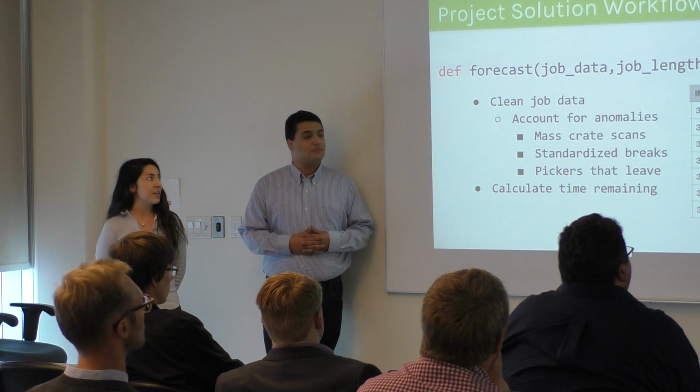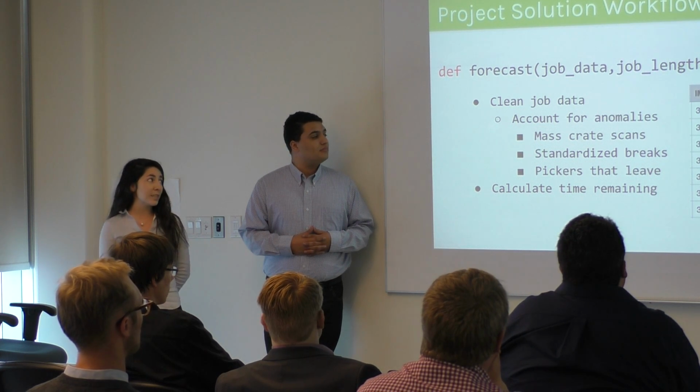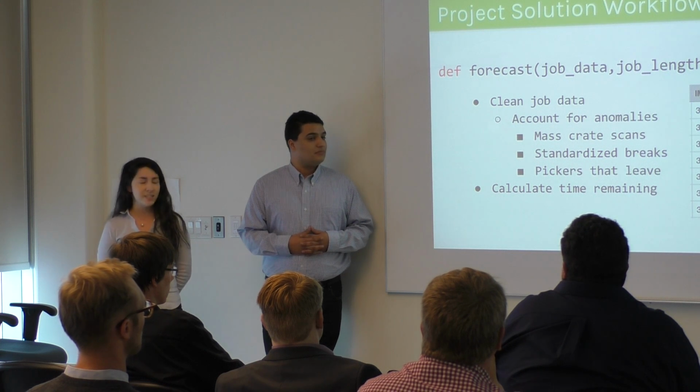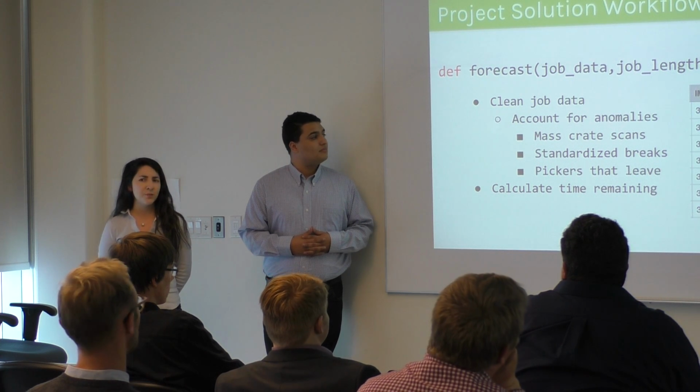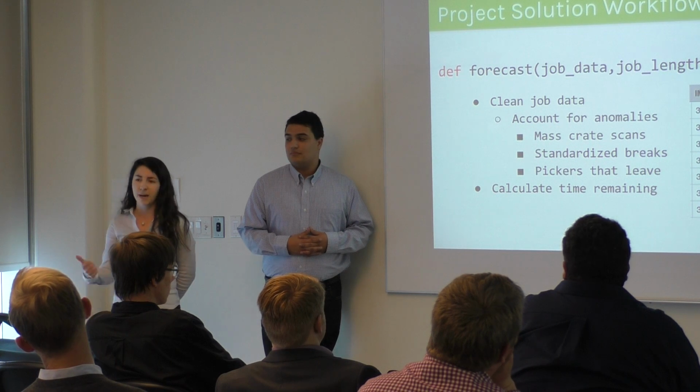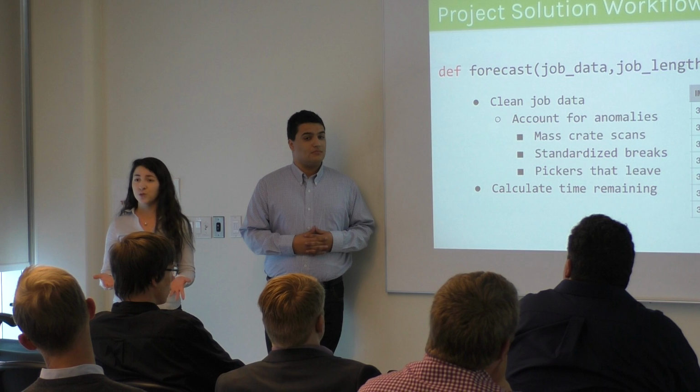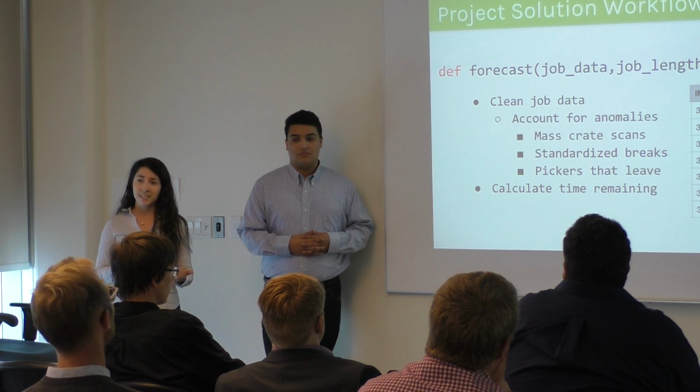Through the data, well, first we needed to, like any data scientist does, clean it to make it workable. We needed to account for anomalies such as mass crate scans. So if someone just picks everything and scans at the same time, that's not useful for us, so we ditched that data.